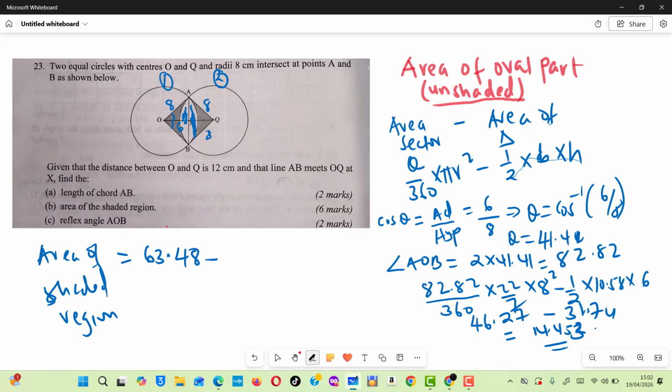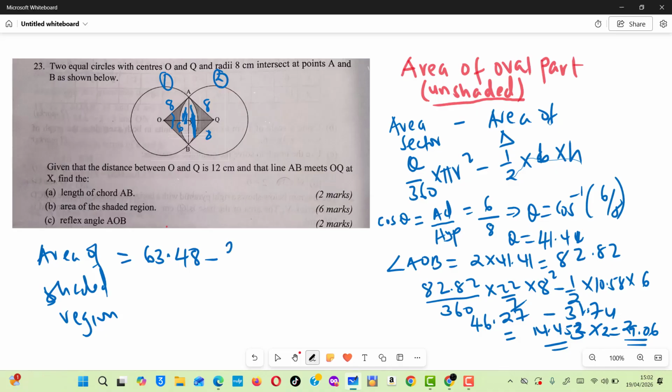So 14.53 we calculated is the right side, and since the two circles have the same radius, the area of the oval part on the left side is still the same. So we need to multiply by 2 here, and this will give us 29.06. This will be the area of the oval part in total.